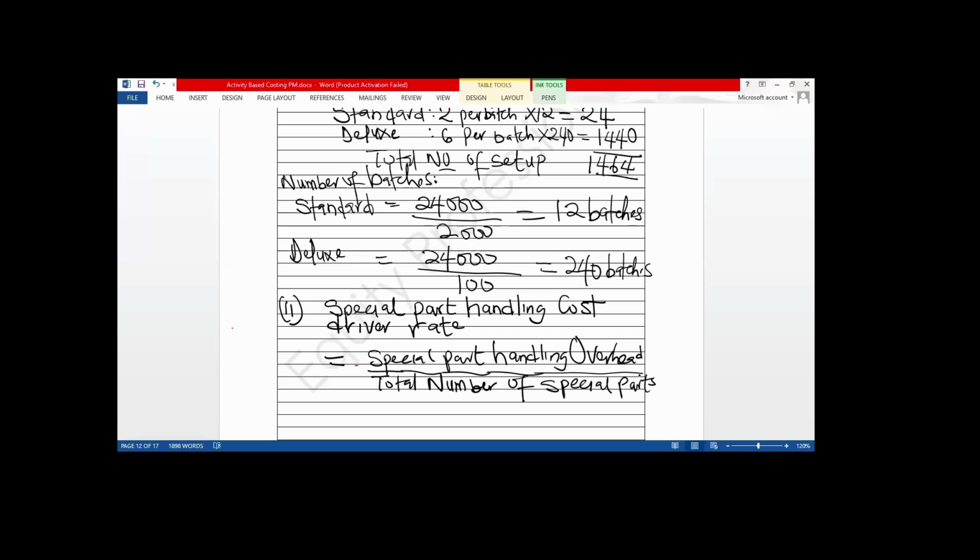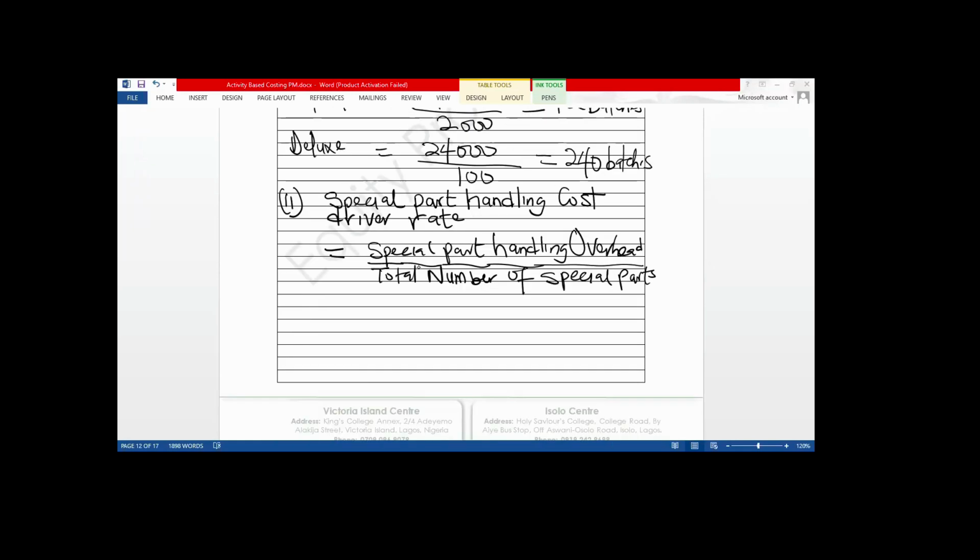So if you are going to solve it, you need to consider that factor. I know the overhead cost of special parts. I want to calculate the total number of special parts.